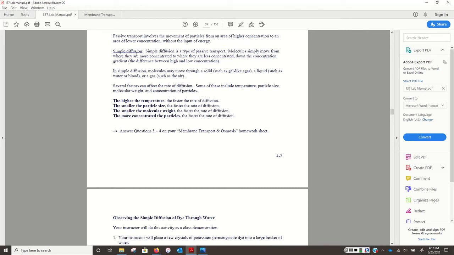The reason that happens is because of Brownian motion. If we were to look at one particle of the dye in that food coloring, it's zigzagging around. The other particle is zigzagging around, and they're all zigzagging around.